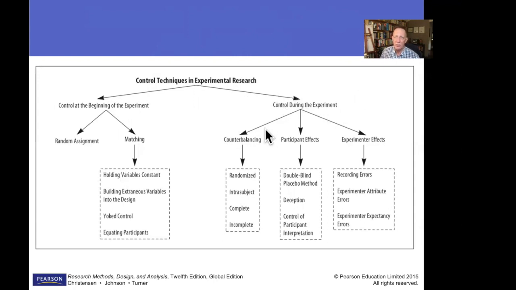What do we do to control sequencing effects, participant effects, and experimenter effects? Remember, the last lecture was about validity, and internal validity dealt with all these issues that might confound the dependent variable.